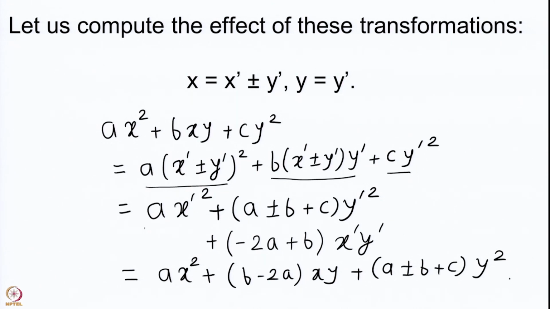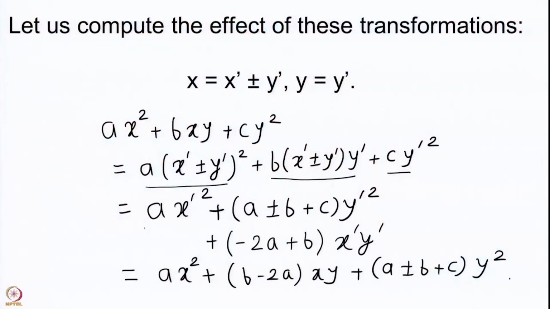There is a sizable change in the coefficient of y square, that has changed from c to c plus or minus b plus a. There is a change for b, but the change for b is happening only with respect to a. We are looking at b plus or minus 2a.